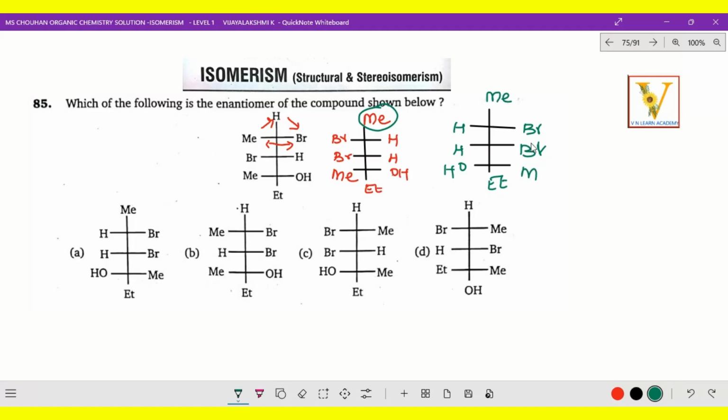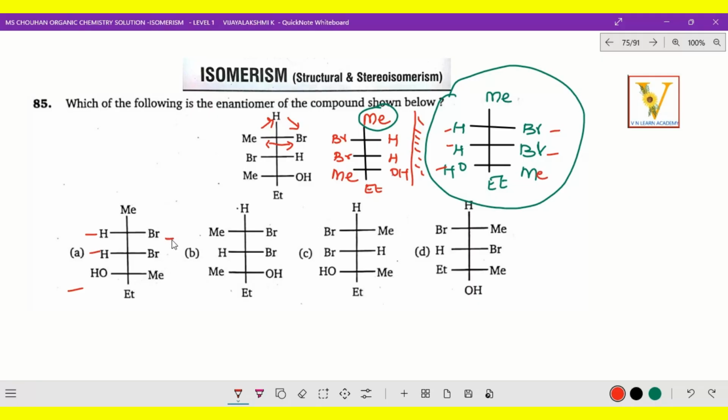Now according to this, where the same molecular formula is there, we have to check. Here H, H, OH is there. No, so this is actually the mirror image, right? So the same way, option A: yes, H, H, OH, and Br, Me. This is Me. Yes, Br, Me. So option A is the correct option.